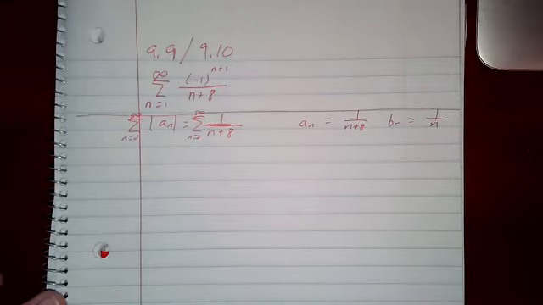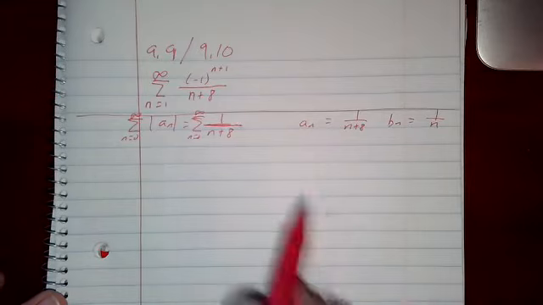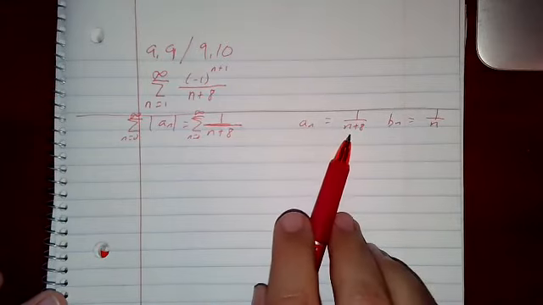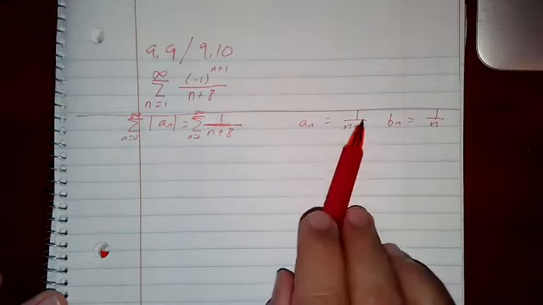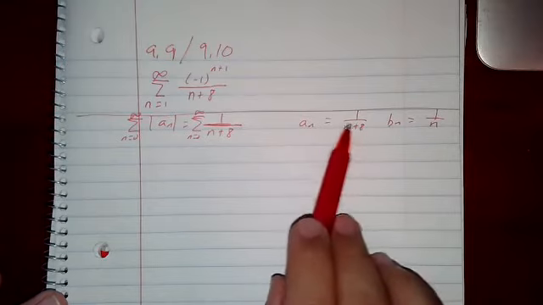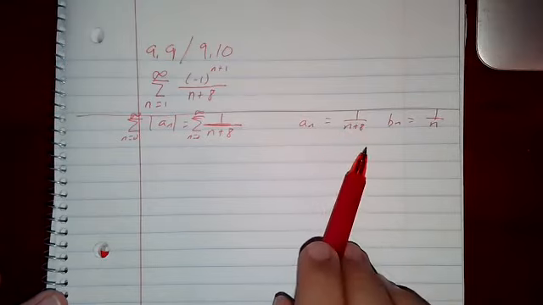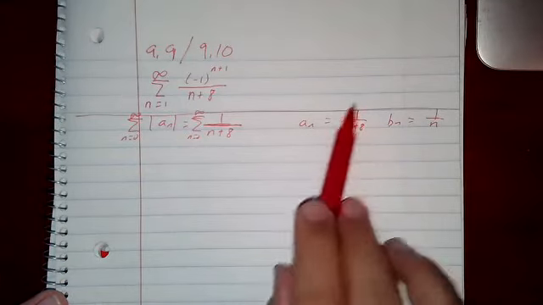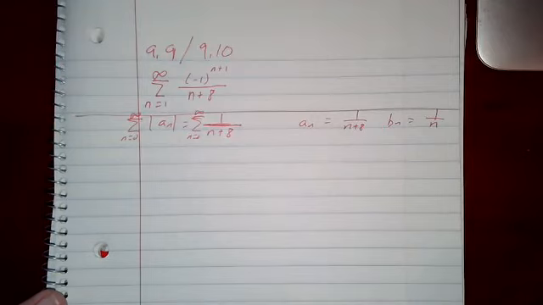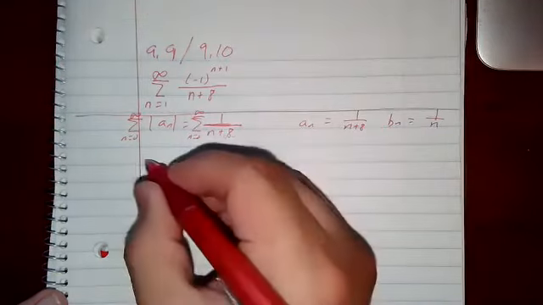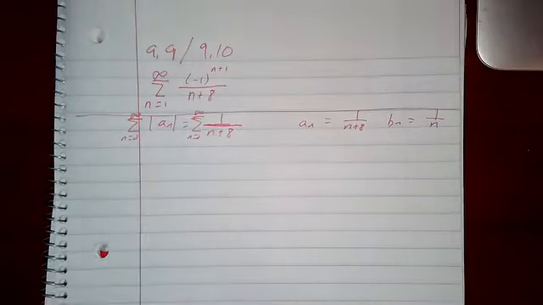The limit of a_n is 0, because if you take n to infinity, the whole thing would go to 0. So we're going to do limit comparison, which says the limit of a_n over b_n, if that's equal to a value greater than 0, then both converge or both diverge.